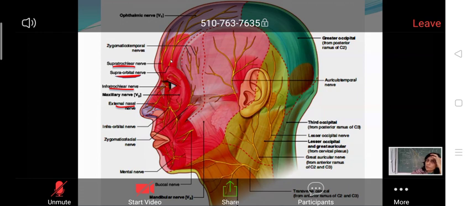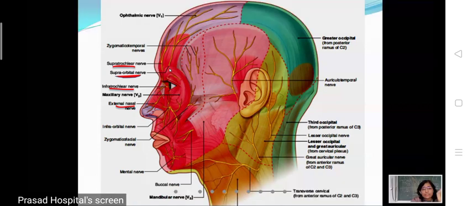Then the infratrochlear nerve is going to supply the medial side of the nose. The supratrochlear and supraorbital will also supply the upper eyelid along with the forehead. The external nasal nerve reaches the face after passing between the nasal bone and the nasal cartilage.